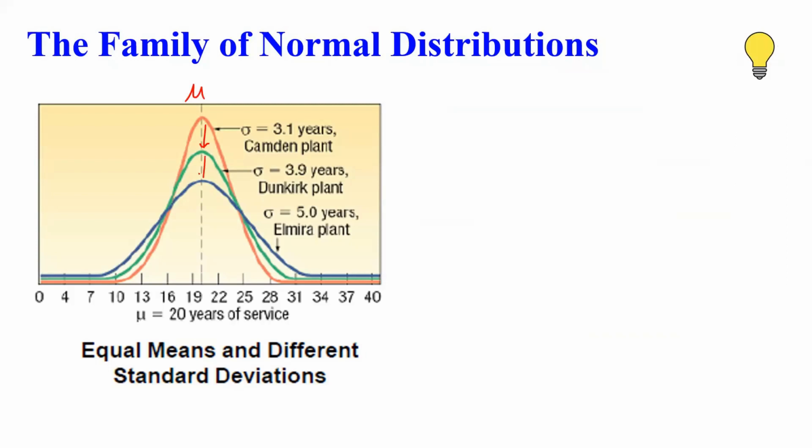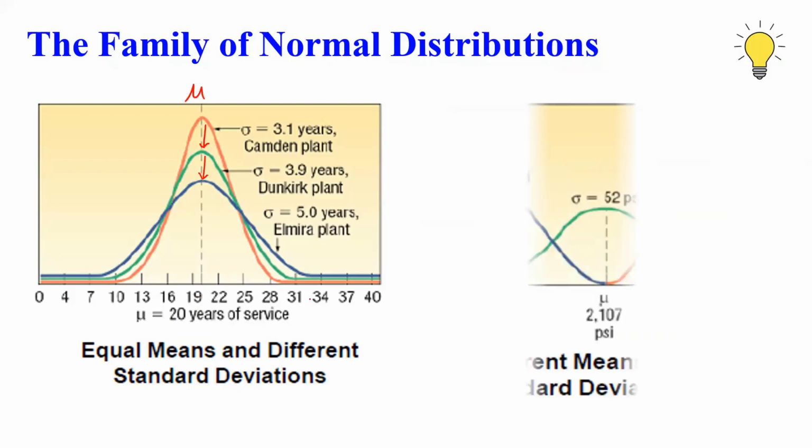If the standard deviation is even greater, it will be reduced again. But the symmetry remains the same since the mean is the same for the three sets of data.